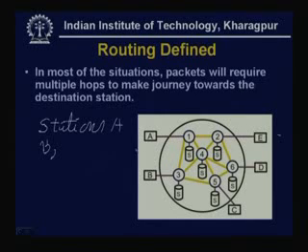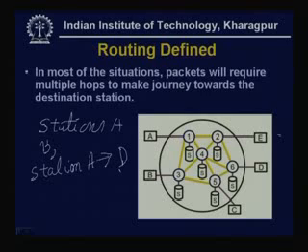And as we can see, suppose station A wants to send a packet to, say, station D. In such a case, as you can see from this particular switched communication network, there is no direct path, or in other words, A is not directly connected to the station D, or in other words, both of them are not connected to the same node.